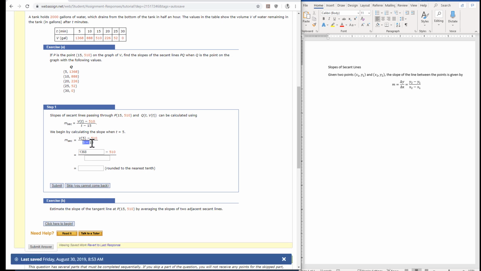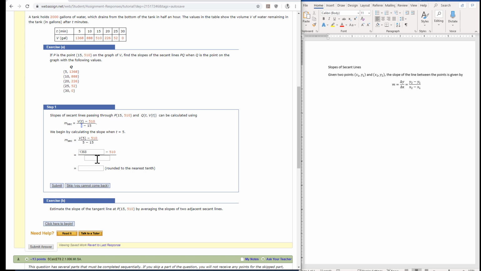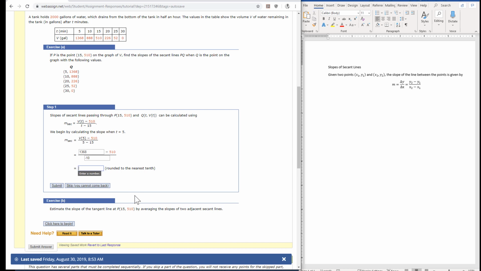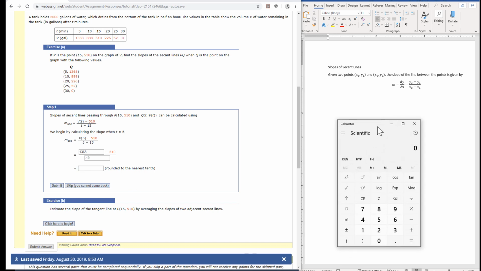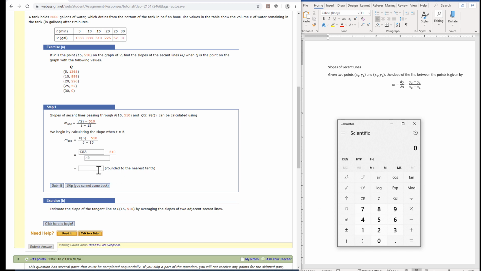So we have 1368 there, and then we have t equal to 5 minus 15. That's going to give us a negative value. Now we want to type this in our calculators or some sort of program. I'll use a calculator. We have to be careful about doing this fraction, because the numerator is being added. There's a couple ways of doing this. One way is to first calculate the numerator.